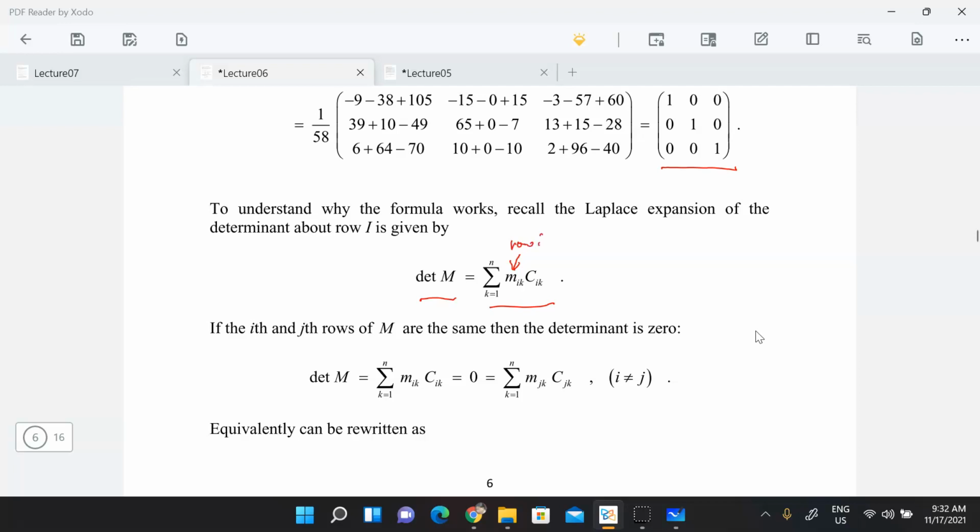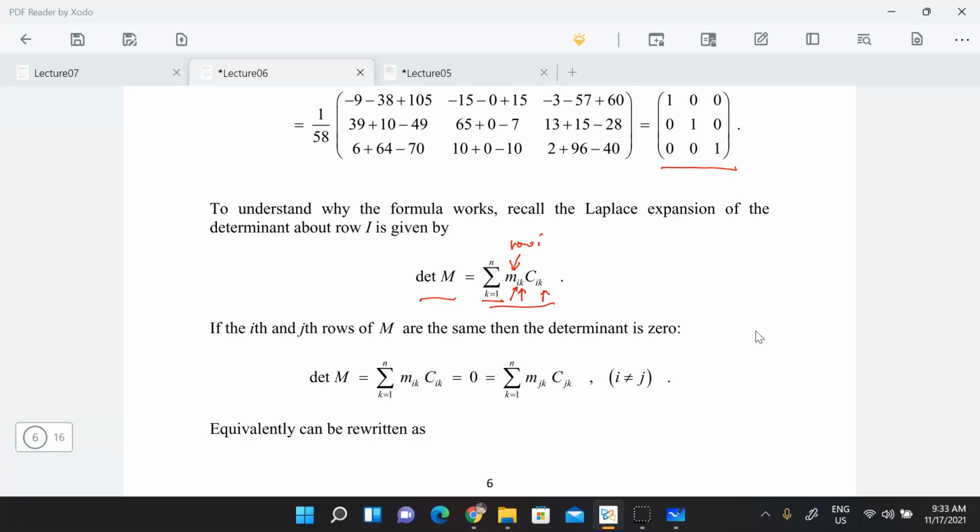You see that here is the sum over k, this is k summed there, and the expansion is over this row i.